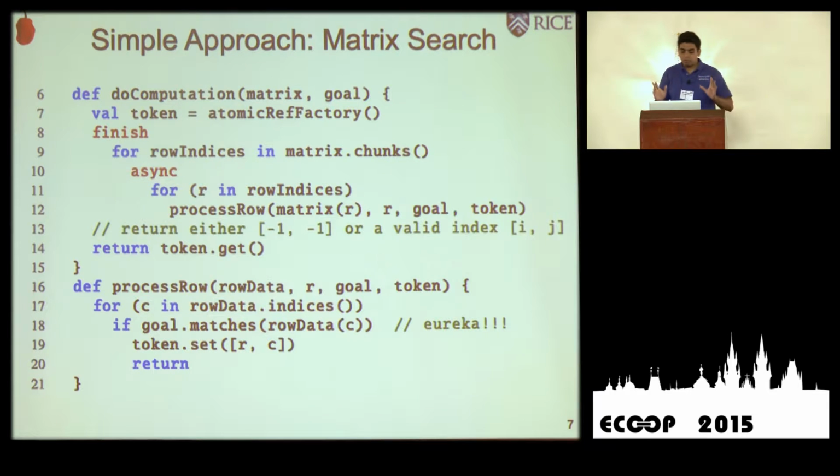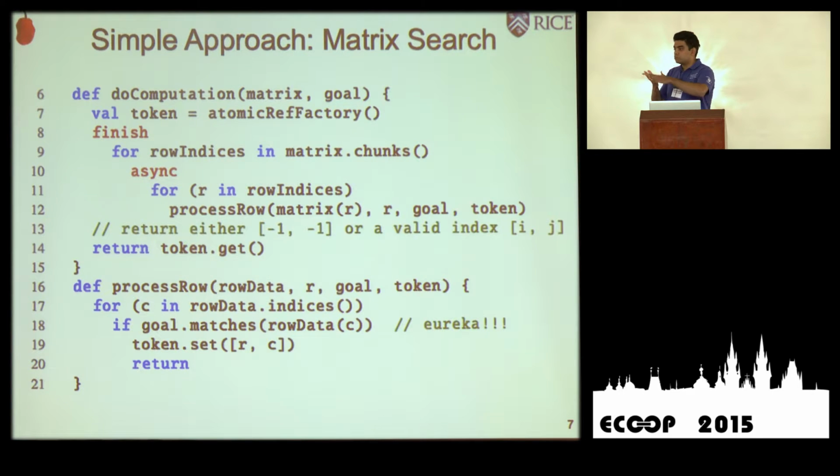Now, this is how most people would have written this program using async and finish constructs, but this program is actually doing lots of redundant computation. For one, when we return from line 20, we are not signaling anywhere to the task that's currently running that we're done.